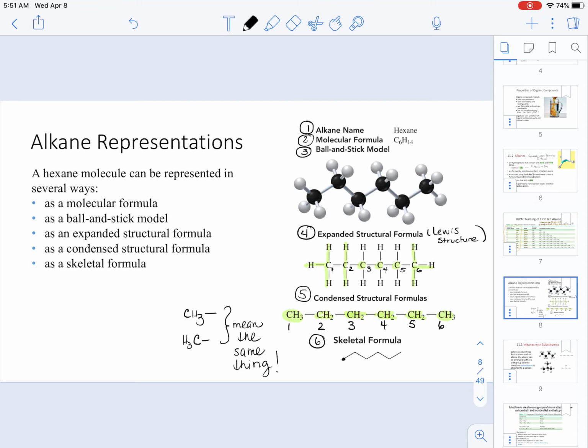So if this is carbon 1, this is carbon 2, this is carbon 3, carbon 4, carbon 5, carbon 6. So we have 1, 2, 3, 4, 5, 6 carbons. We are going to be practicing more on how to draw these molecules throughout this chapter.